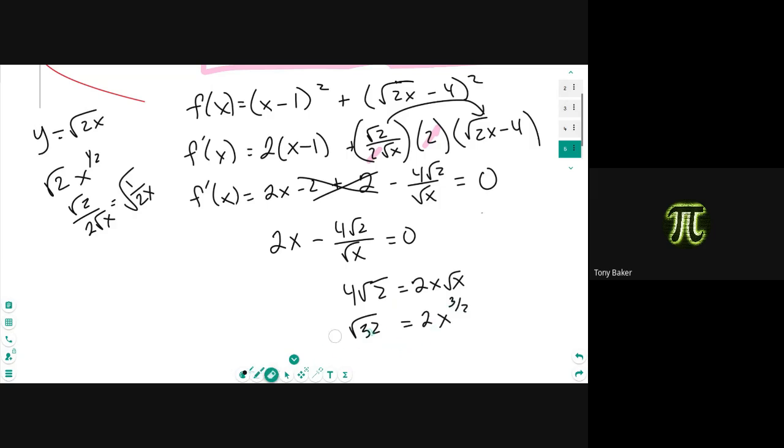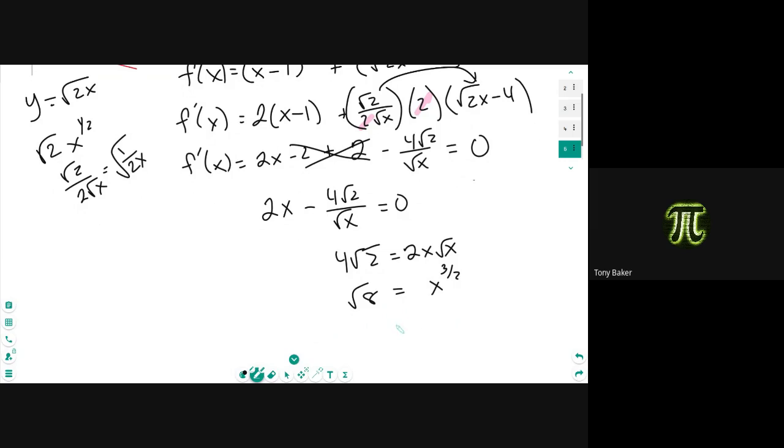Oh, I should divide by 2 first. So I've got square root of 8 equals that. So that's 2 to the 3 halves equals x to the 3 halves, so x equals 2.